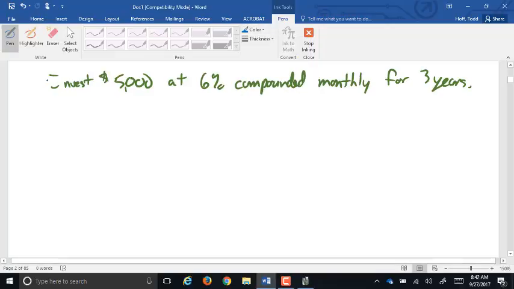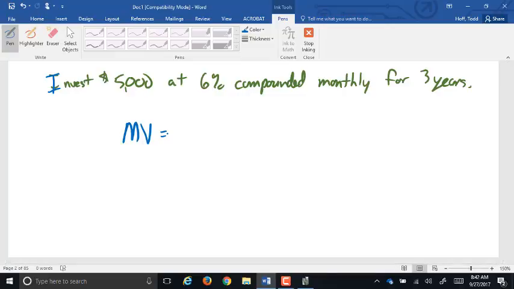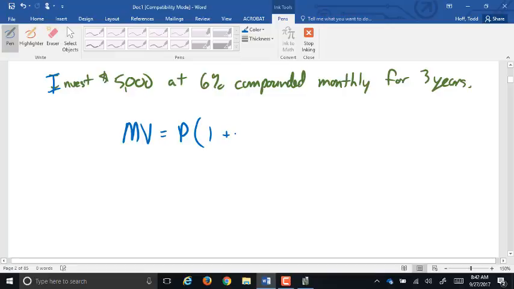The formula for compound interest is, we don't just find the interest, we find the maturity value. That ending balance is what we're finding. It is going to be equal to our principal times 1 plus, now your textbook just puts the rate in here. By rate, they're assuming rate per period.